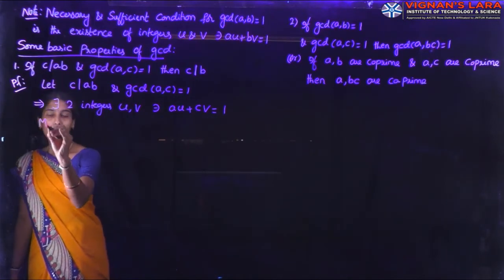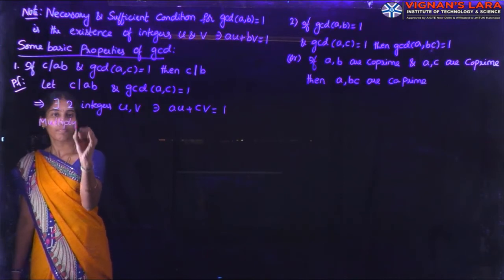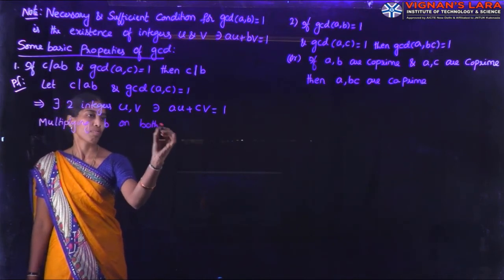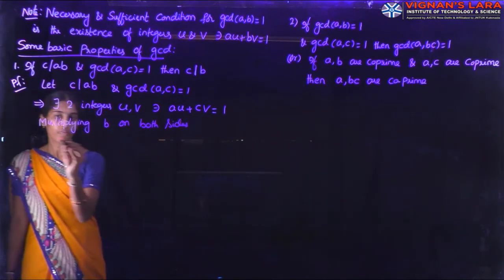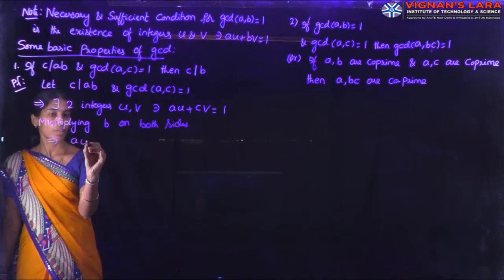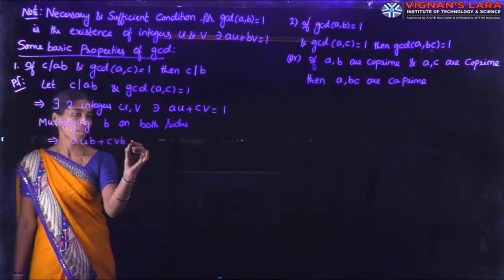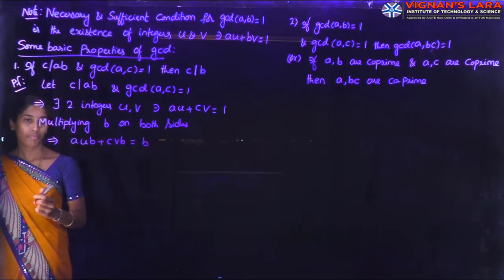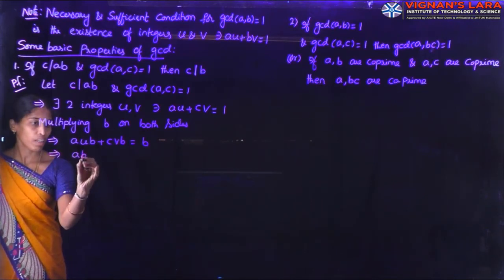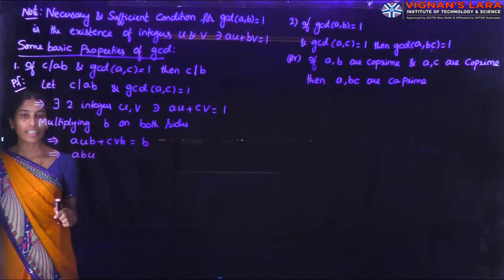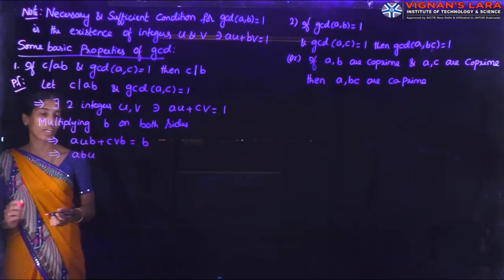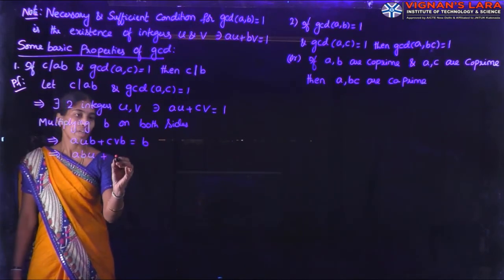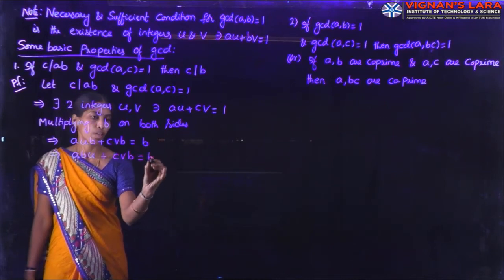Now, multiplying B on both sides, we get AUB plus CVB equal to B. Now, if we observe here, C divides AB, so we can write it as AB into U plus CVB is equal to B, because all these are integers, and integers satisfy the associative and commutative properties.